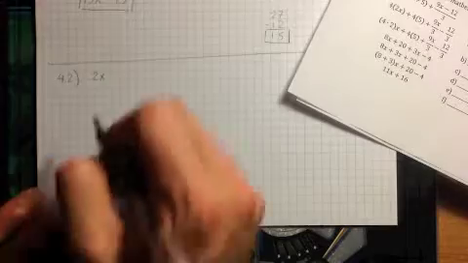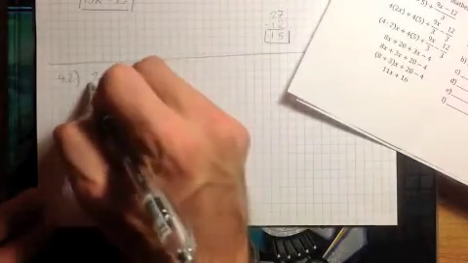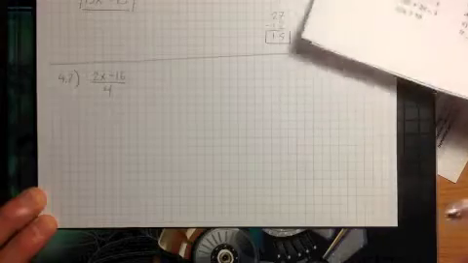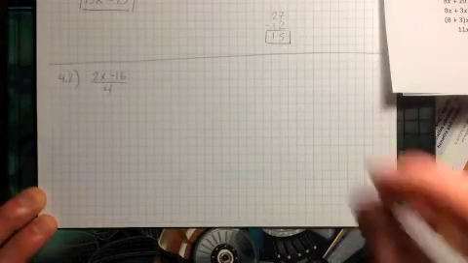4.2 asks us to simplify 2x minus 16, all divided by 4. Again, we need to use the distributive property.